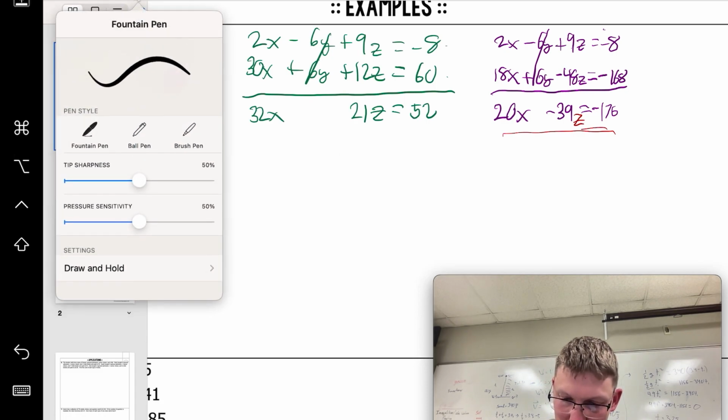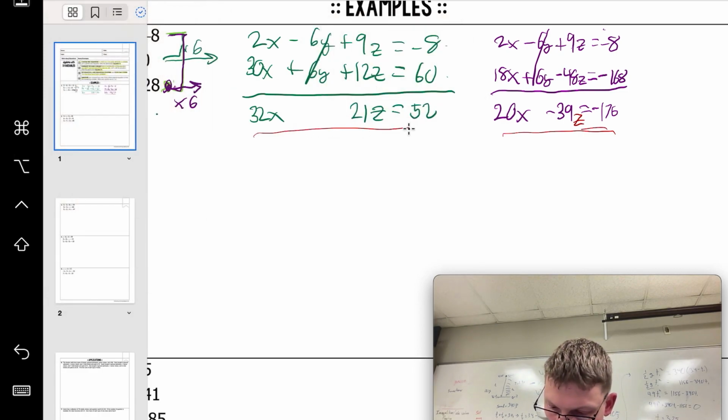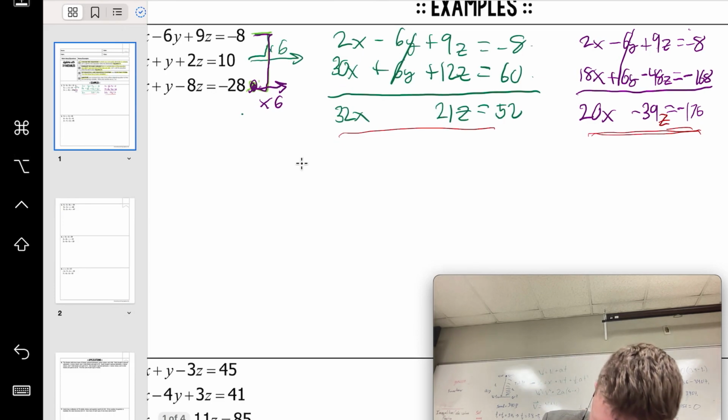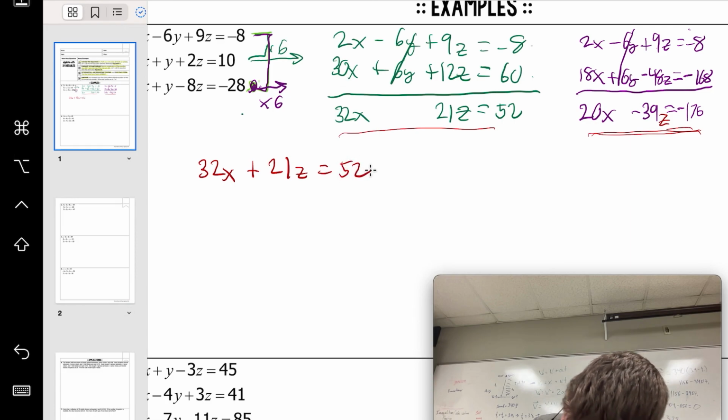So we're going to take those two equations, and we are going to use those two equations to eliminate our z. So here we go down here. I'm going to rewrite them. 32x plus 21z equals 52.